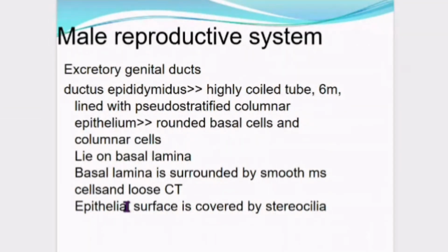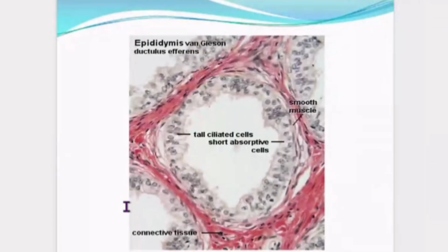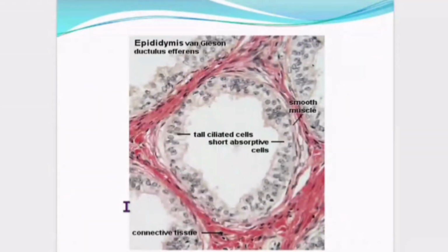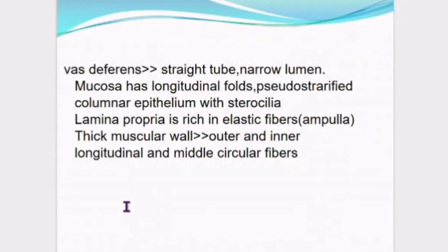In the epididymis, the cells are covered by long stereocilia. So you have two types of cells in the epithelium of the epididymis: rounded basal cells and columnar cells that have stereocilia. So that is that part.